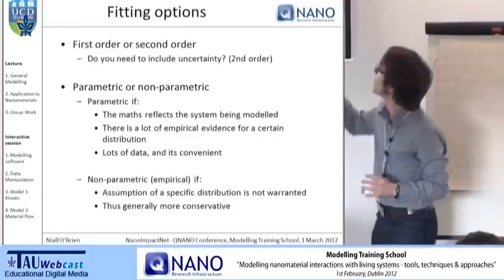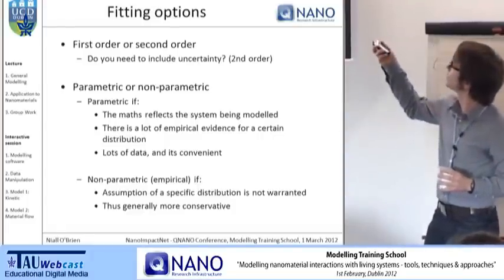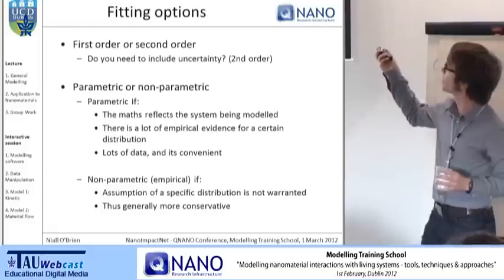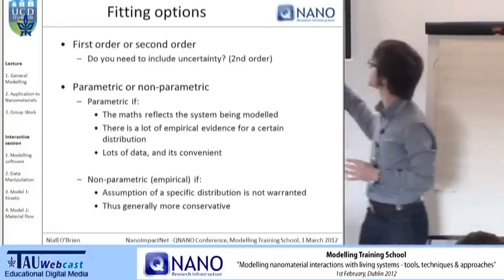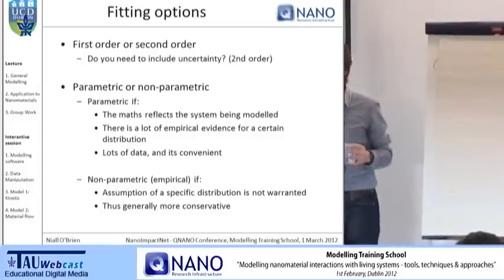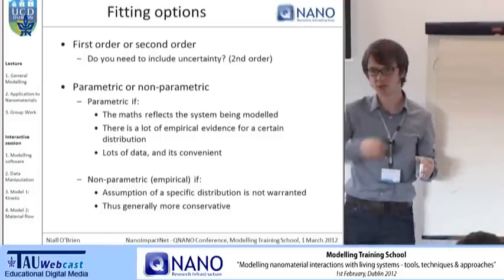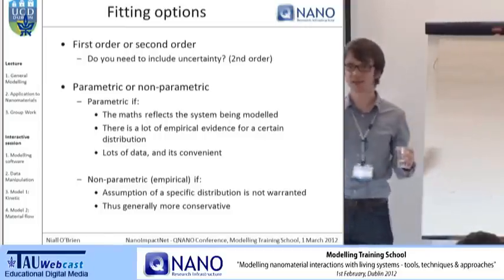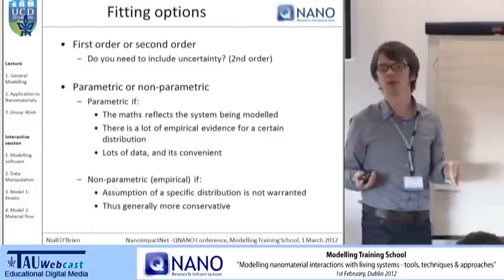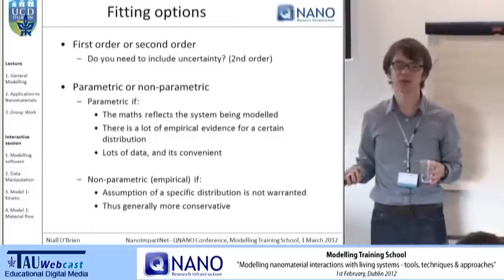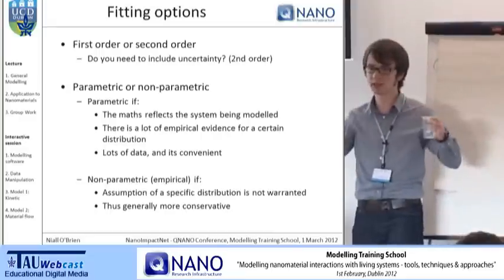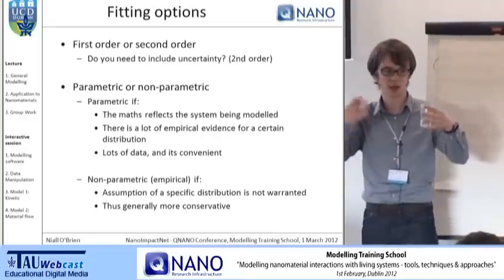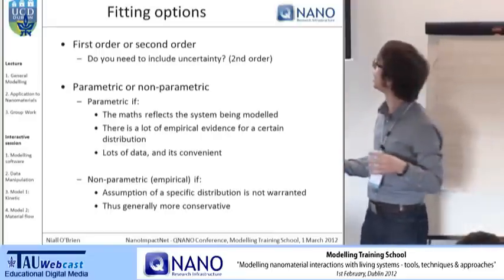And again, we have to think, is our data parametric or non-parametric? The distribution we're going to fit is parametric if the maths reflect the system being modeled. Size distribution of nanoparticles in a certain material will often be parametric, because depending on the production method of the material, this may be log normal, or it may have different shapes. It's just a natural occurrence of the process.